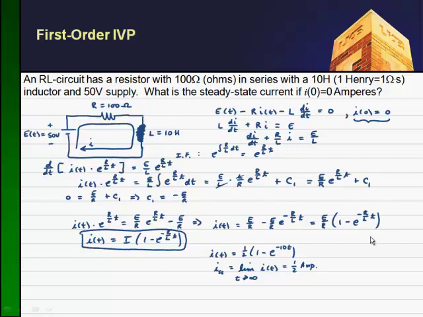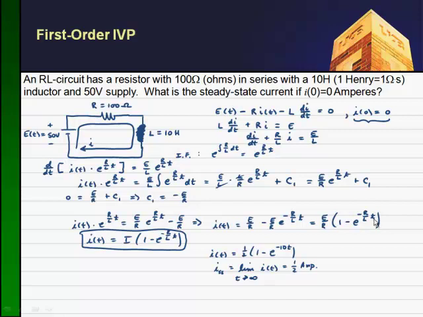If we recall the time constant from the last section, that R over L, we could write this exponential term as e to the minus t over tau, in which tau would be L over R, the inverse of this R over L. Since we're going to write it as t over tau, where tau would be the time constant, L over R would be 10 over 100, or 1/10.